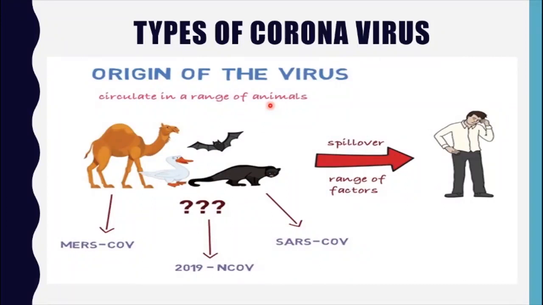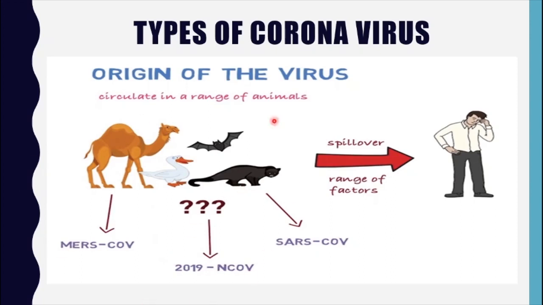In coronaviruses, their origin is in animals. MERS-CoV came from camels, SARS-CoV from civet cats, while the origin of nCoV 2019 remains unknown since it is only a recent virus.